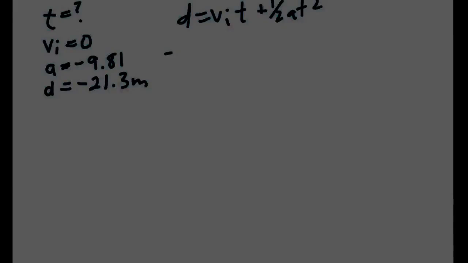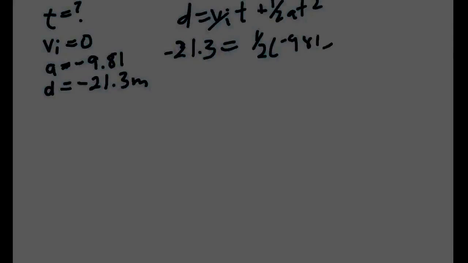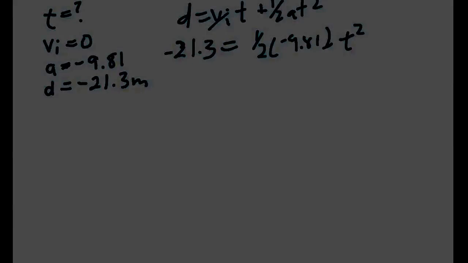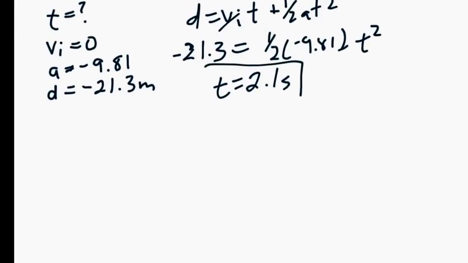So our distance is negative 21.3, and VI was 0, so that part's gone. So we get 1/2 times negative 9.81 times our time squared again. So let's go 21.3 divided by 0.5 times 9.81, put the negatives in, we get an answer of 4.3, square root that, we get a total time now of 2.1 seconds.